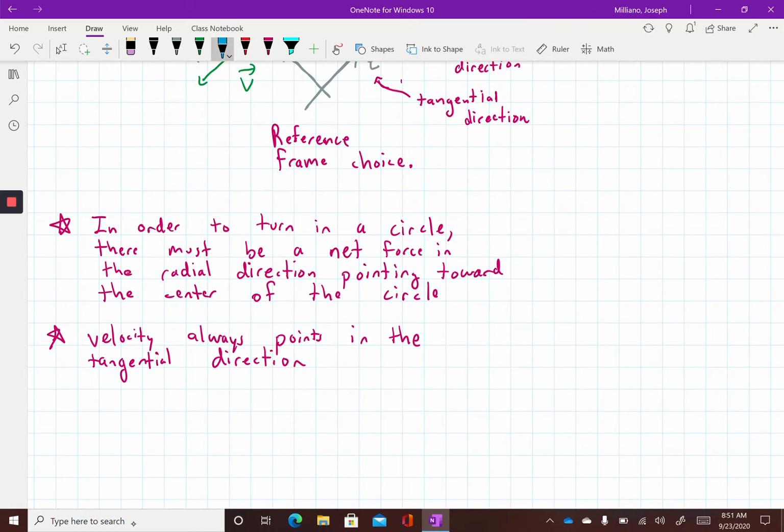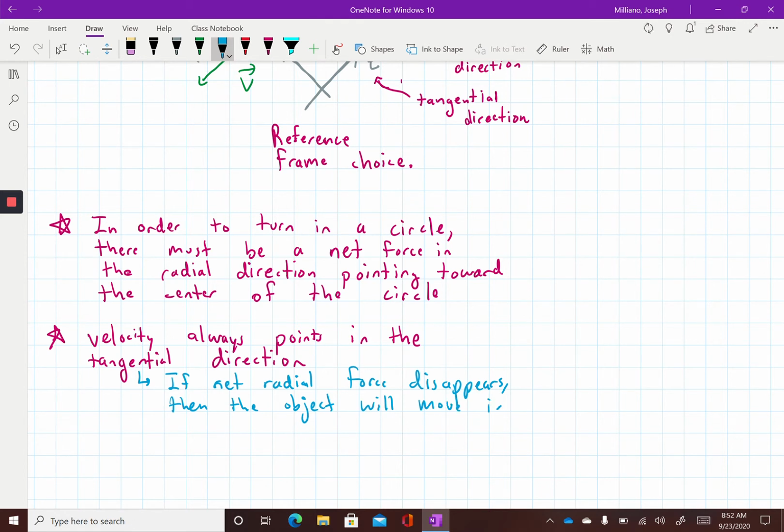A consequence of this is that if the net radial force disappears, then the object will just move in a line.